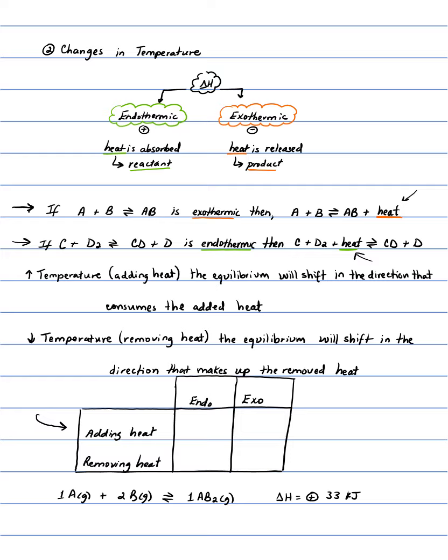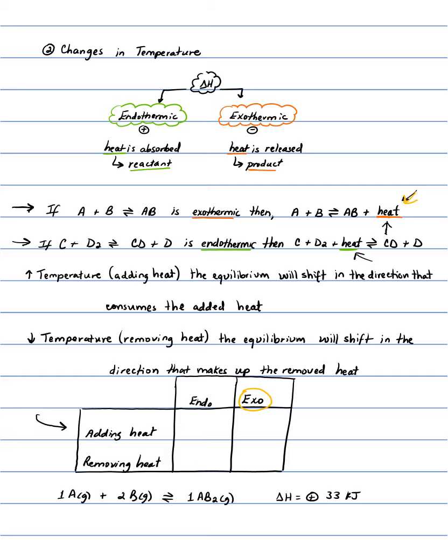I'm adding heat, and this is for my exothermic reaction first. Adding heat to an exothermic reaction. The amount of heat is a product always for exothermic. So when you're adding heat, you're increasing heat on the product side.